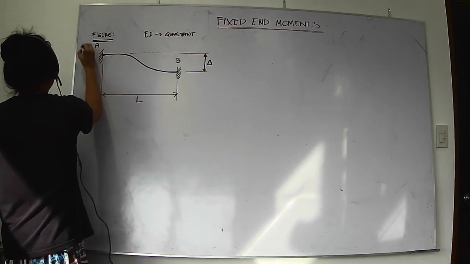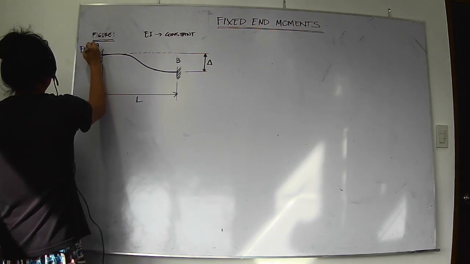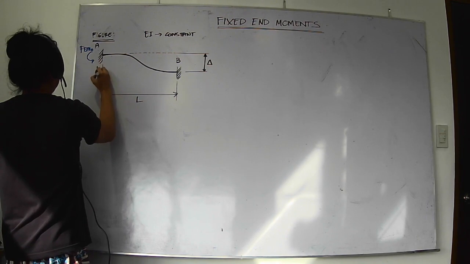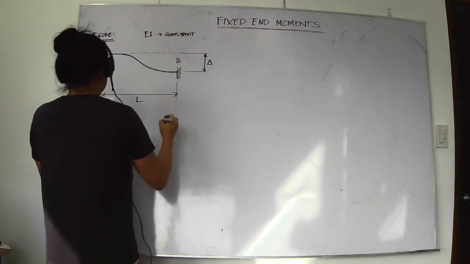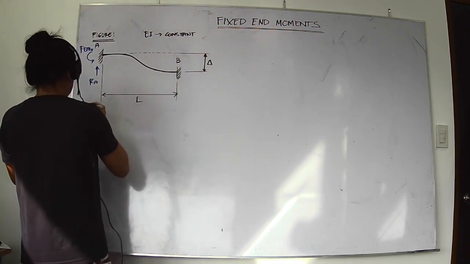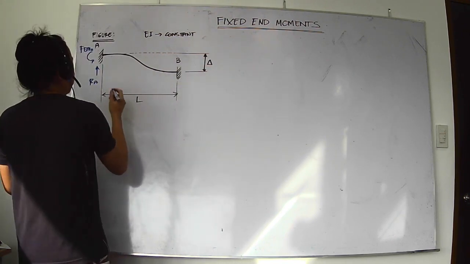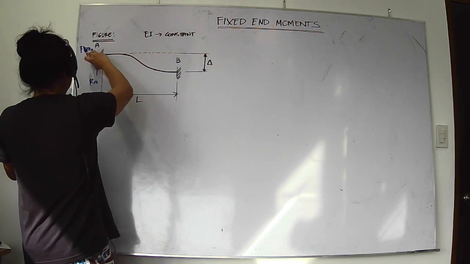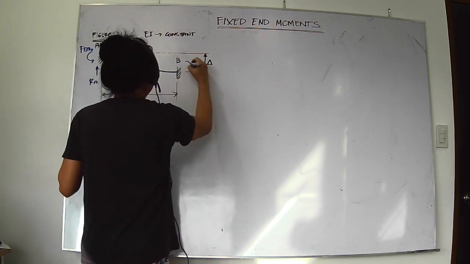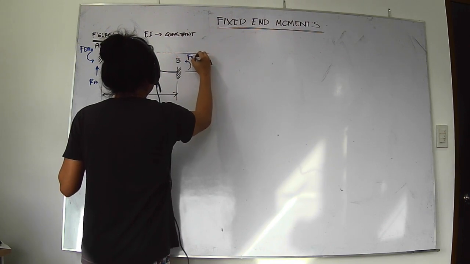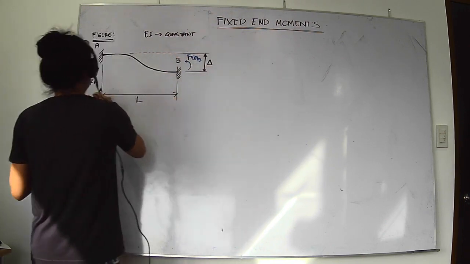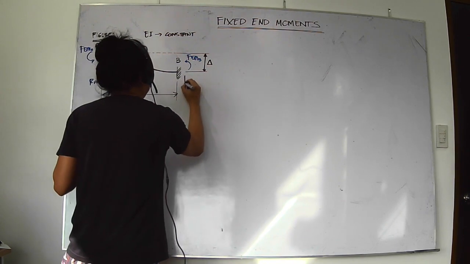So we have FEMA and RA here, and FEMB. Assuming the directions are opposite, if RA is going up, RB is going down.